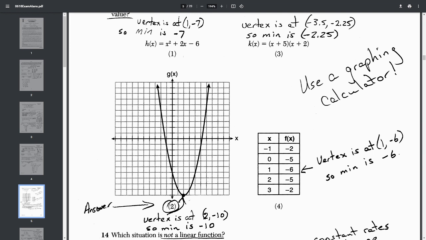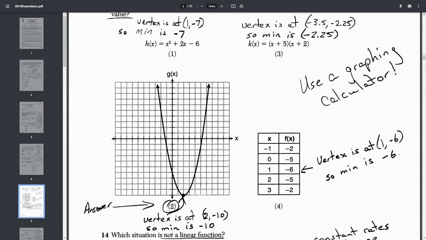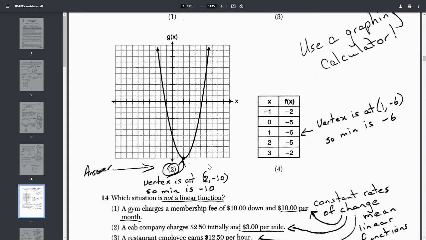And choice 4 is a table, so the minimum is the vertex in the middle there, 1, negative 6. So after looking at all the minimums here, we hopefully find a minimum that's smaller than negative 6. And choice 2's minimum is negative 10. If we see the graphs of these two, they wouldn't go that far down. So the answer to number 13 is choice 2.